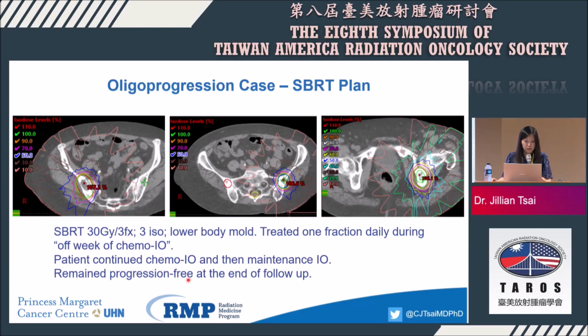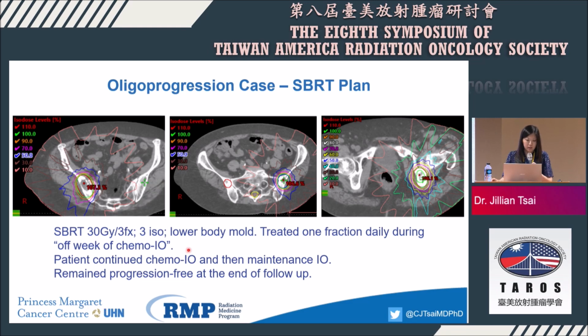SBRT 30 gray in 3 fractions, 3 isocenters with a lower body mode in 1 setup, 3 different isos. We treated 1 fraction daily during the off week of chemo IO because the patient was still getting chemoimmunotherapy every 3 weeks. So we just chose to get the radiation done during their break.